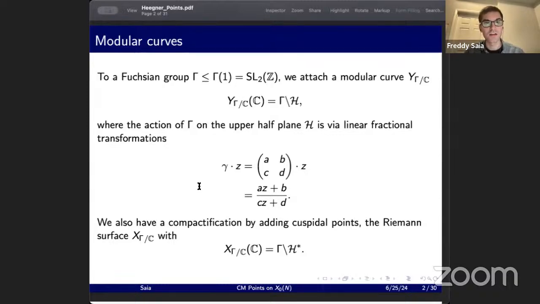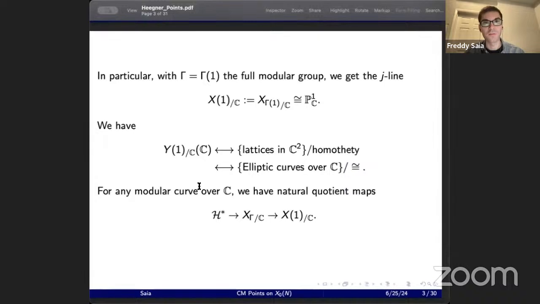In particular, we have the j-line. If you take the full modular group, all of SL2(Z), you get the bottom curve that you expect. This is isomorphic to the projective line over C if you compactify. So that's our X(1) here, I'm calling it.